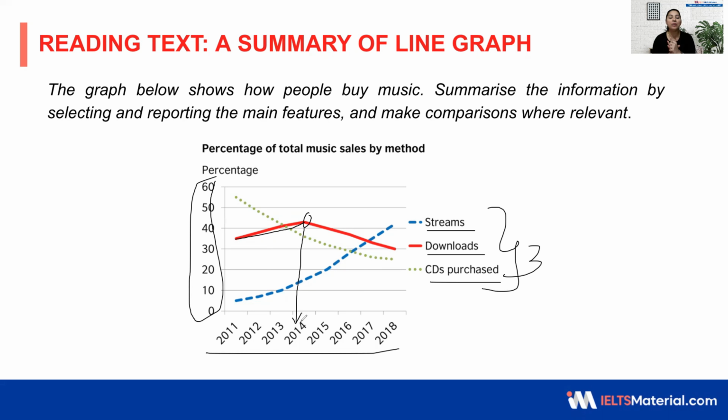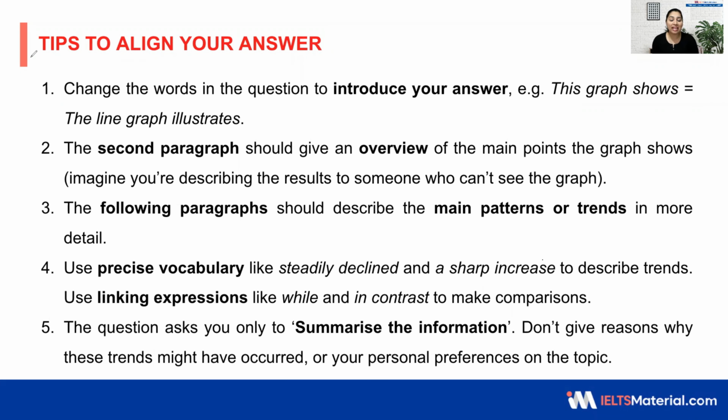This is the way you analyze the graph and find out the main features, and these main features will be explained in detail when you are properly explaining the graph. Now, this is the structure, or I would say the tips, to align your answer with the main features that we saw from the graph.